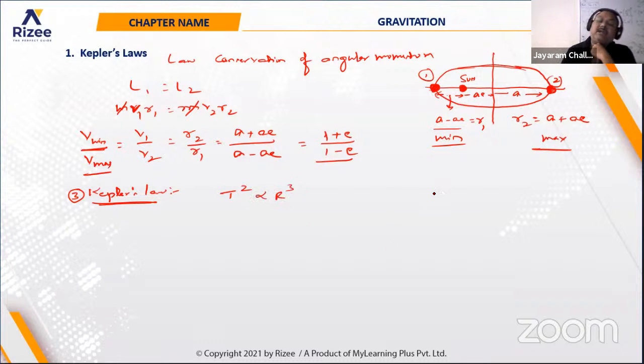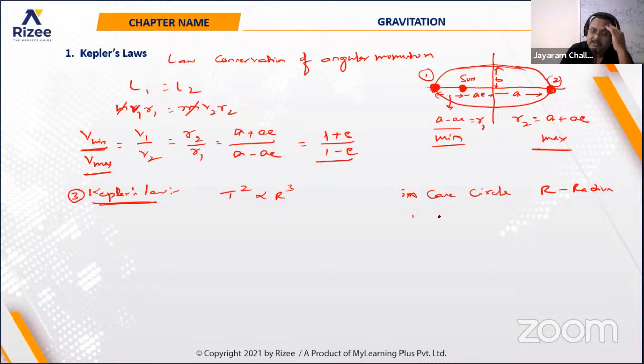If it is a circular orbit, then your a value and b value, that is the semi major axis distance and semi minor axis distance, will be the same. That is, in case of a circle, r is nothing but the radius.